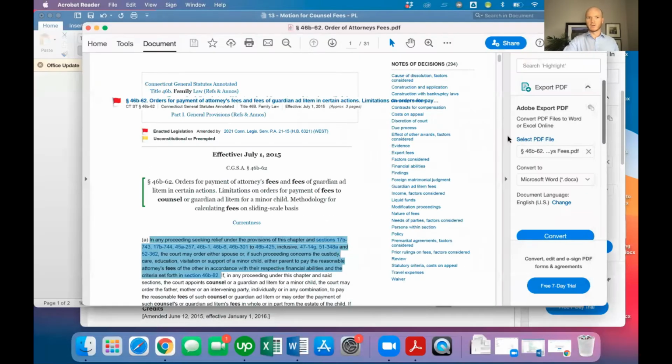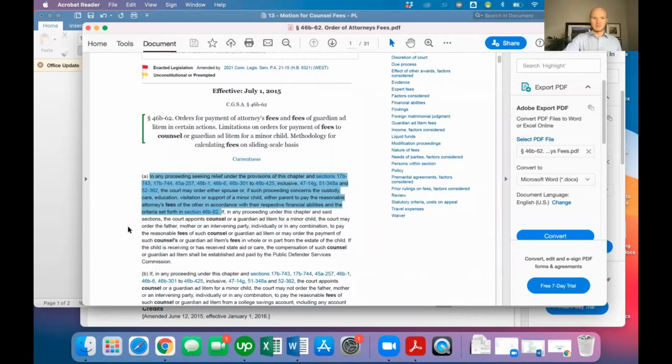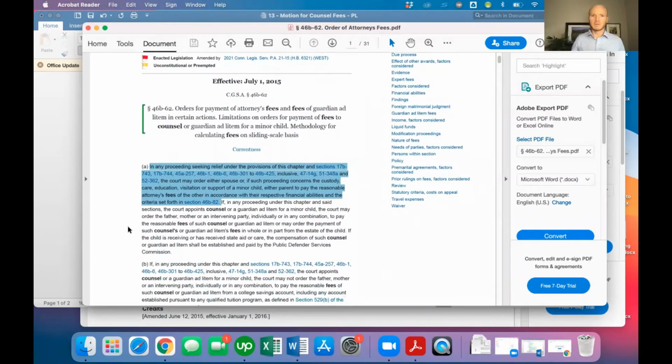Connecticut General Statute section 46b-62 says that in any proceeding seeking relief under the provisions of this chapter and section 17, so any family law type of case, basically, so divorce and custody are most common, the court may order either spouse, or if such proceeding concerns the custody, care, education, visitation, or support of a minor child, either parent.